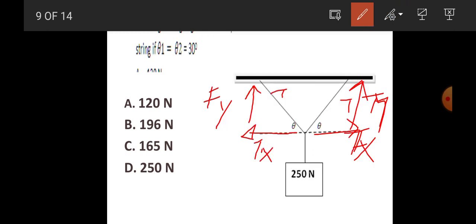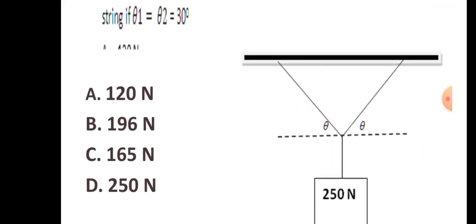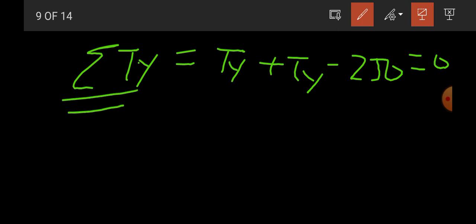So along y, the summation of tension along the y axis is equal to Ty plus Ty, since there are tensions on both sides, minus 250, is equal to 0 because the system is in equilibrium.